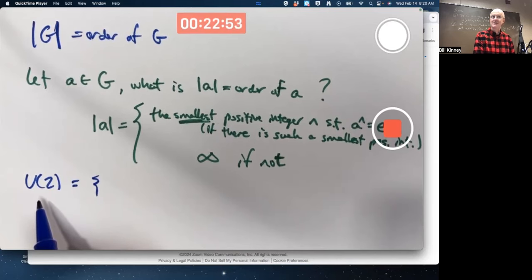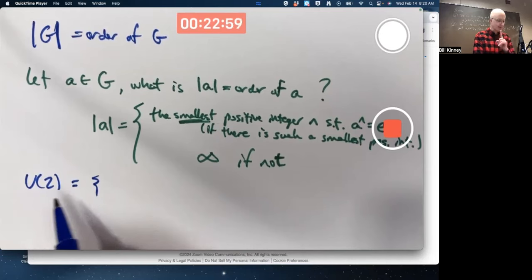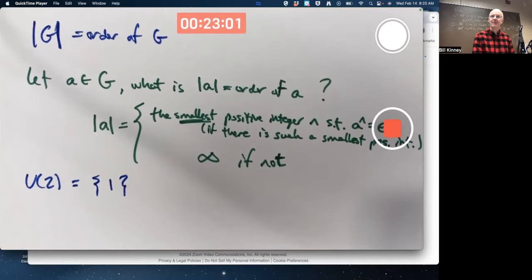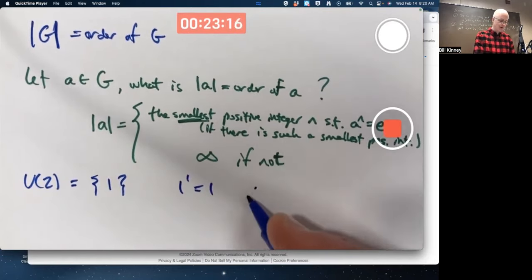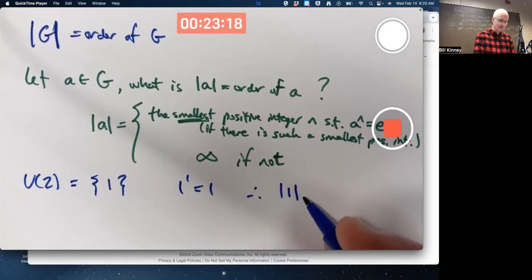As a set, it is the positive integers less than 2 that are relatively prime to 2. It's only got one element, 1. 1 is the identity. What's the smallest positive integer that you can raise this to get the identity? Well, 1. Therefore, the order of 1 is 1.